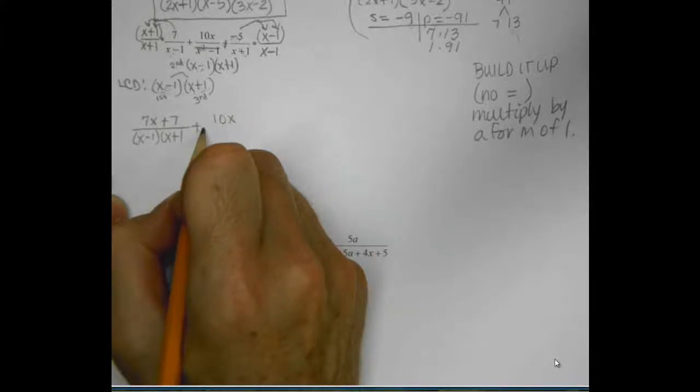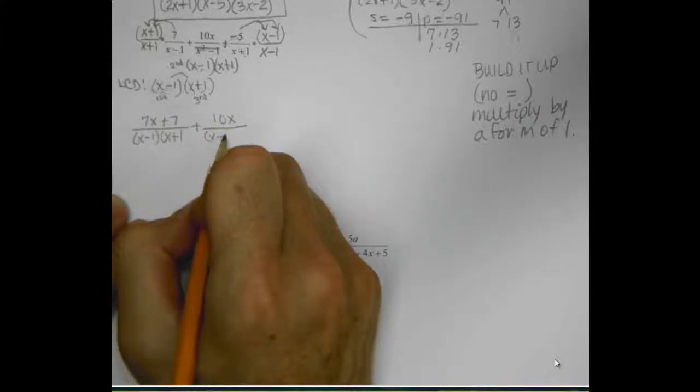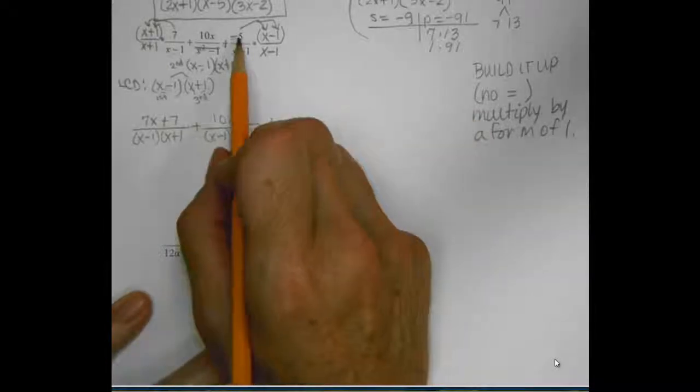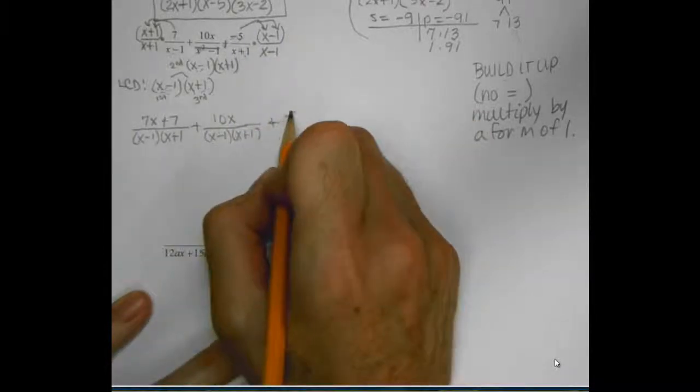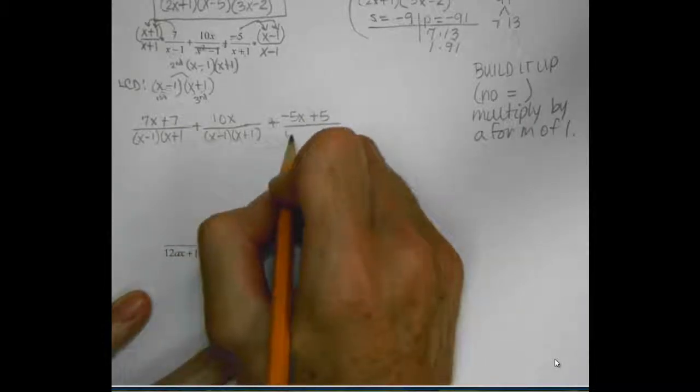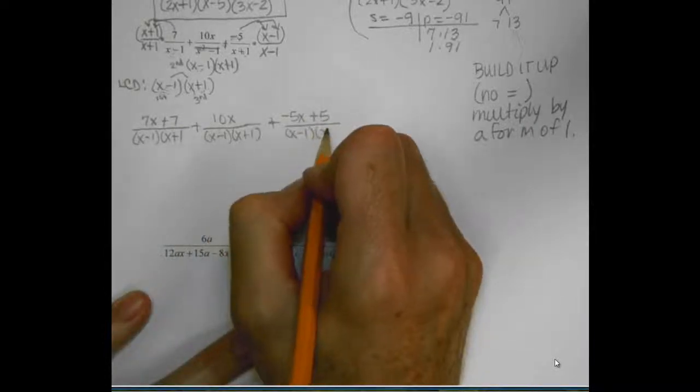I didn't have to do anything with that one. x minus 1, x plus 1. My last numerator, I distribute the -5, so I have -5x plus 5 all over x minus 1, x plus 1.